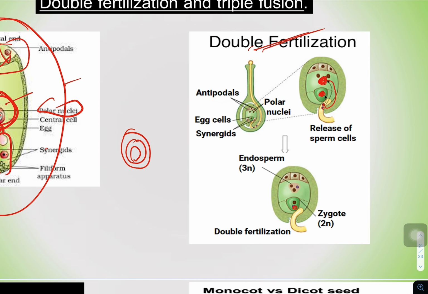One is fusing with the egg cell, one is fusing with the central cell, hence it is called double fertilization. There are already two nuclei at the central cell, one more nucleus is coming and fusing, hence it becomes three nuclei. Hence it is called triple fusion, double fertilization and triple fusion.